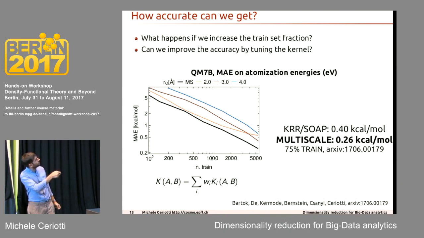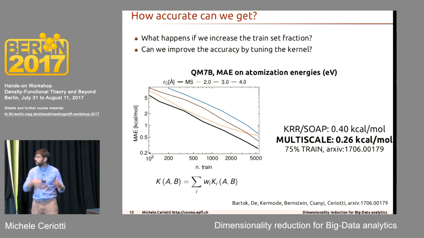However, as you keep pushing to larger number of training structures and lower error, at a certain point, you sort of saturate. Why are you saturating? You're saturating because the information on the residual is encoded in longer range interactions. And indeed, a kernel with a longer cutoff does better when you increase the number of training structures.